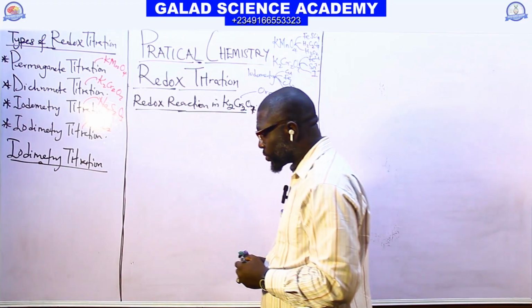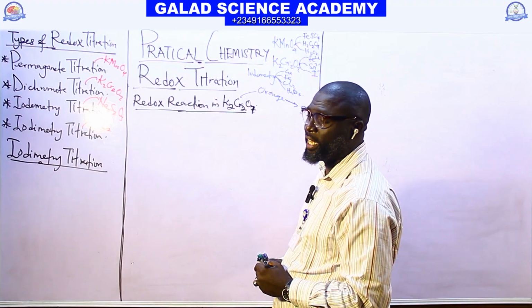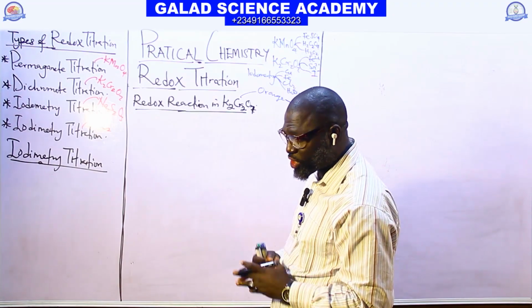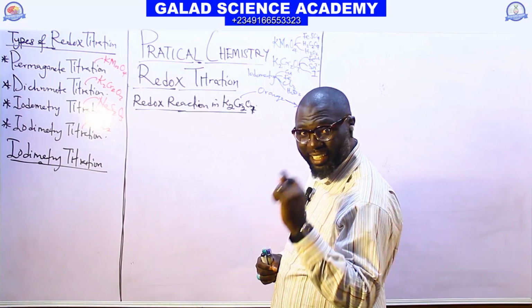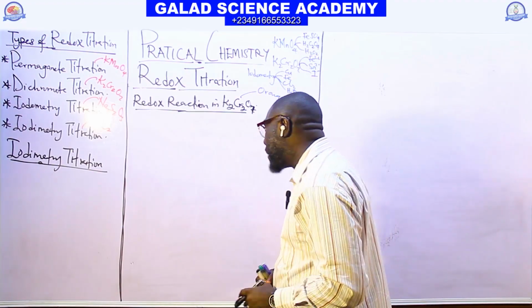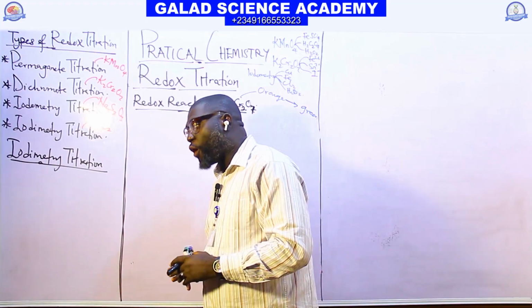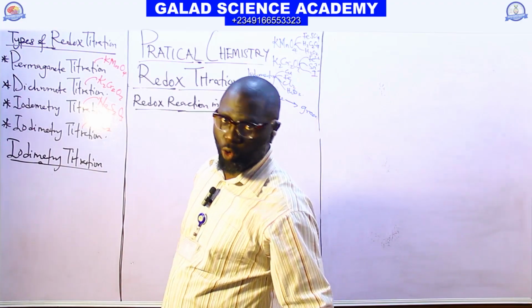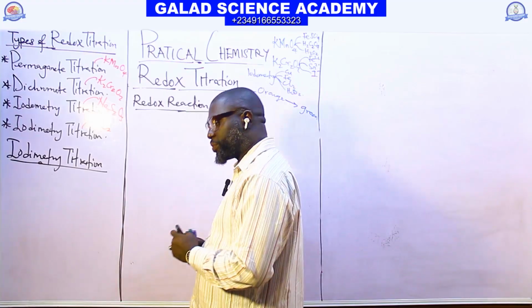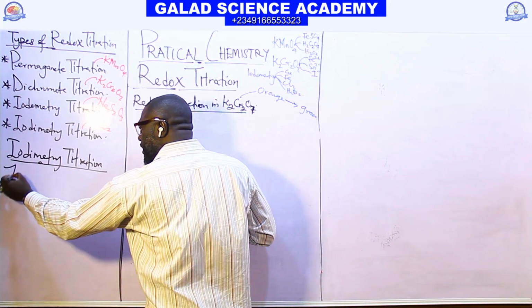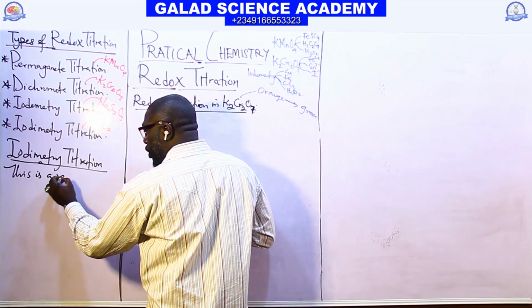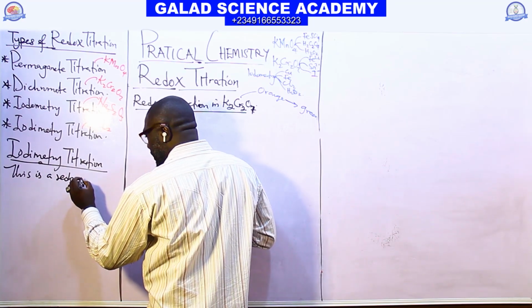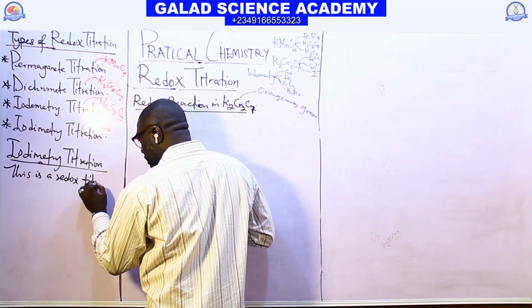Iodimetric titration is a redox titration in which free iodine is used as titrant to determine the concentration of reducing agent in a solution.